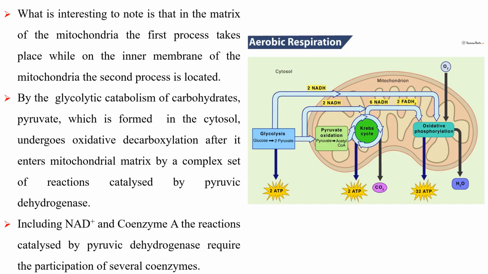Pyruvate, which is formed in the cytosol by the glycolytic catabolism of carbohydrates, undergoes oxidative decarboxylation after it enters the mitochondrial matrix, by a complex set of reactions catalyzed by pyruvic dehydrogenase, including NAD+ and coenzyme A. The reactions catalyzed by pyruvic dehydrogenase require the participation of several coenzymes.